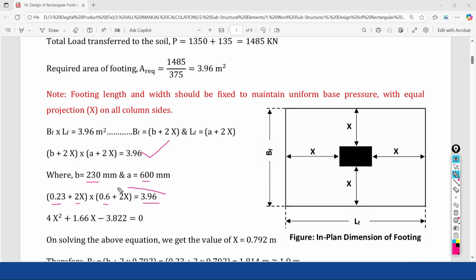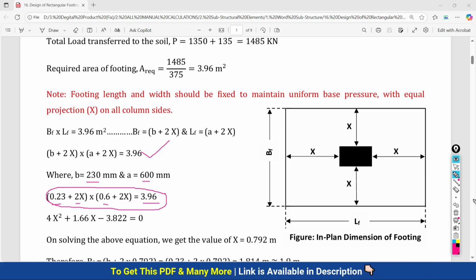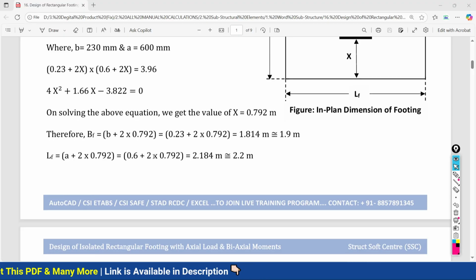If you solve this equation, you will get a quadratic equation: 4x square plus 1.66x minus 3.822 equals 0. On solving this quadratic equation, you will get the acceptable value of x as 0.792 meter.